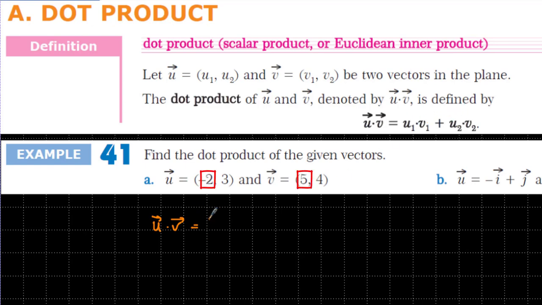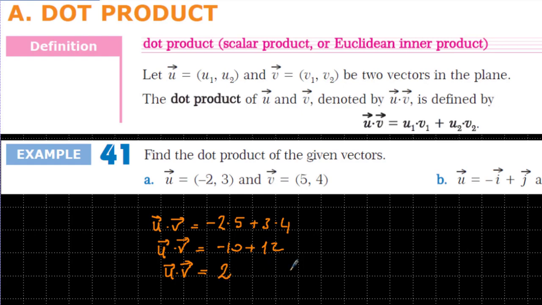I write u1 times v1, which is minus 2 times 5, plus 3 times 4. So u dot v is equal to minus 10 plus 12, so u dot v is equal to 2.